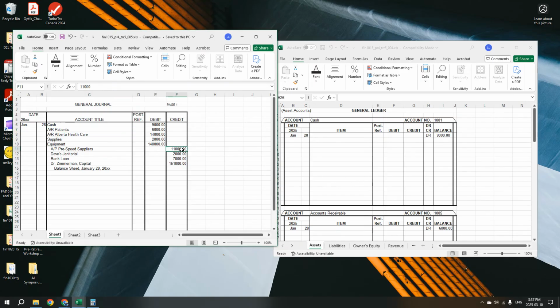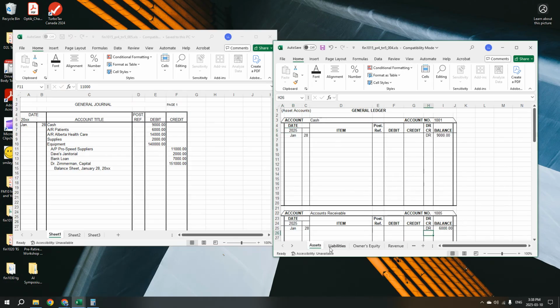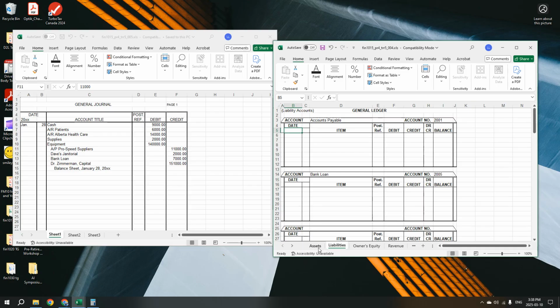The next part is the liabilities, accounts payable, Proceed Suppliers. So this would be accounts payable 2001, Proceed Suppliers, and we got to this part through this tab, right? There are different tabs. The first tab is assets. The second tab is liabilities.